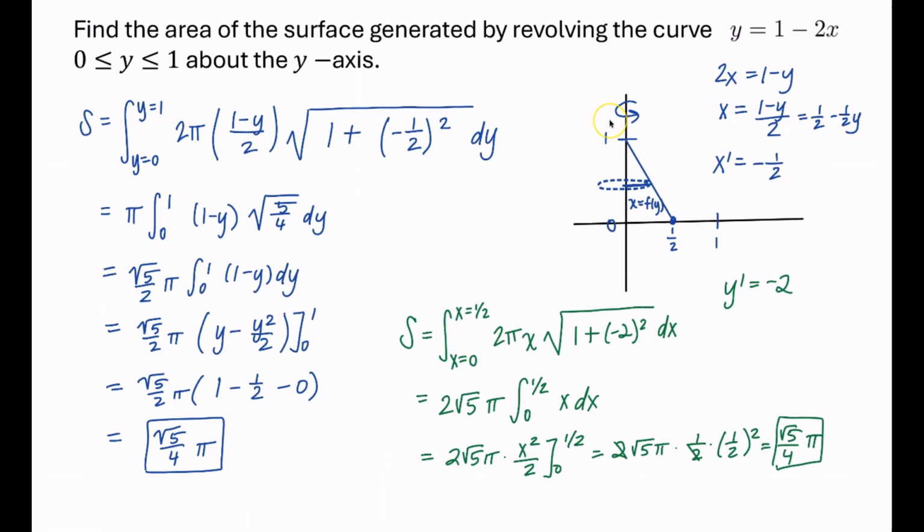So it matters if we're rotating around the y-axis versus if we're rotating around the x-axis, right? Then our radius is going to be perpendicular to the axis of rotation. So if we're rotating around x, it would be perpendicular to the x-axis. We're rotating around y, so the radius is perpendicular to the y-axis.